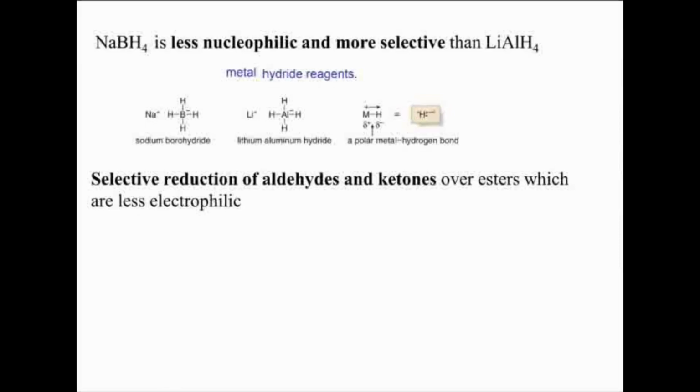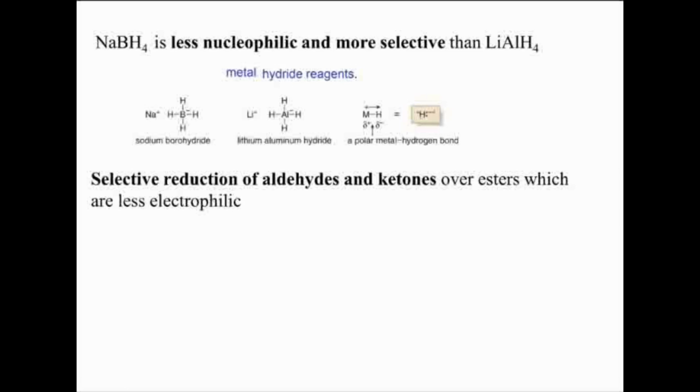All other functional groups are not affected. Lithium aluminum hydride reduces all the carbonyl-containing functional groups. Whenever I say all functional groups, you have to consider only the carbonyl-containing functional groups.